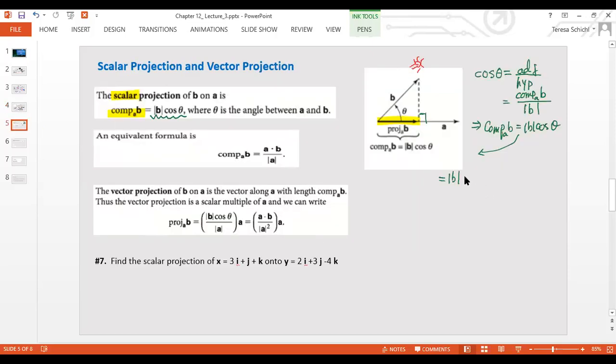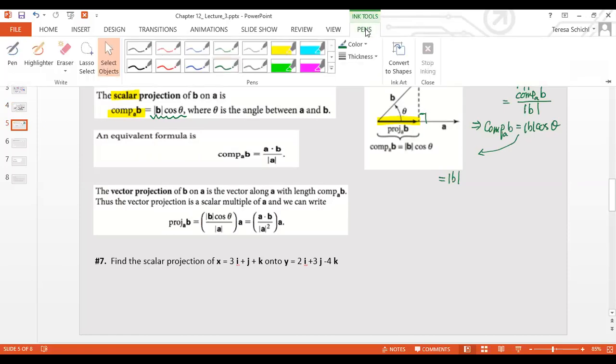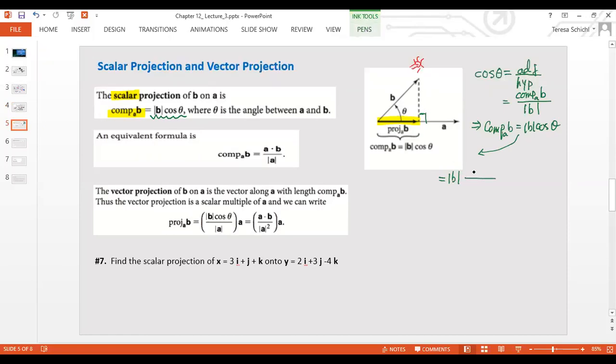So I replace cosine theta with that, and the length of B cancels. That's how you get A dot B over the length of A. This is a constant, so this is a scalar.